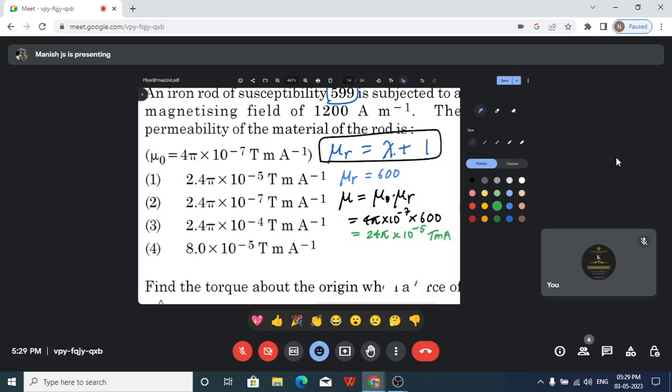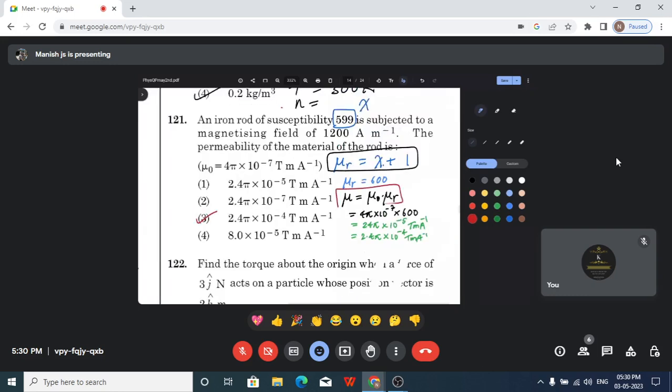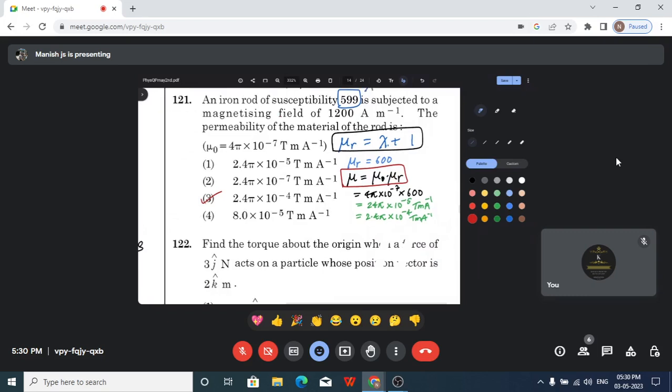The unit is Tesla meter ampere inverse. If you write significant figures, it will be 2.4 pi into 10 to the power minus 4. So the answer is option 3. Good. That's all. So again the formulas. These two formulas you will have to remember, the ones I have boxed. Fine. So now moving on to the next question.